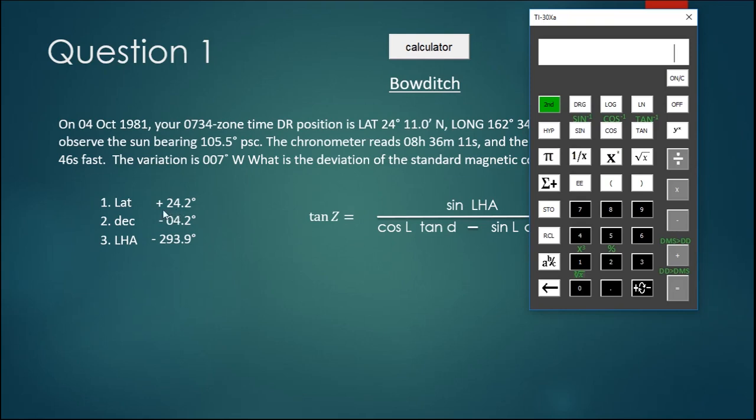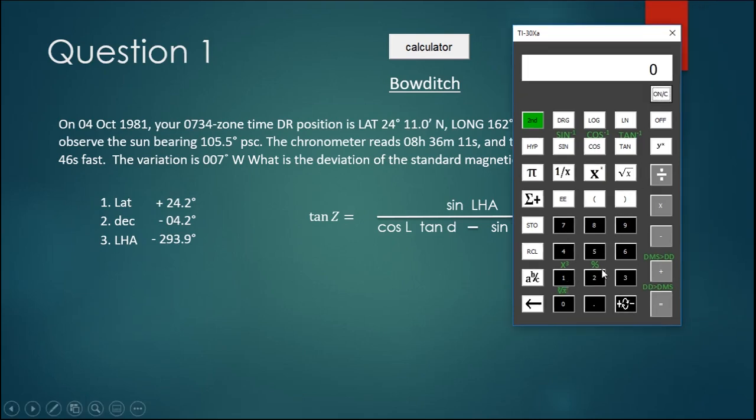So we're going to store the latitude as number 1, and it's 24.2. We'll key in 24.2, and it's a positive number, so we just hit store 1, and you'll see the little M1 come up in the display there. We can clear that.